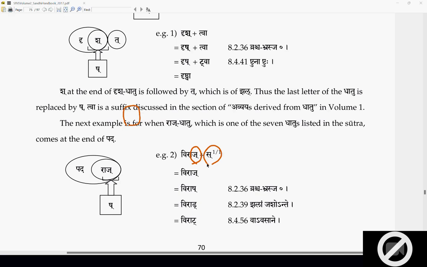Now, because it is a jhal letter, this ja changes to sha because of this 8 to 36. And now there are other sutram that come into the picture here. Sha becomes da because of dhalam yashante 8 to 39, and then da changes to da again. This we have not yet studied, but later. But right now, ja is changing to sha because of this 8 to 36.